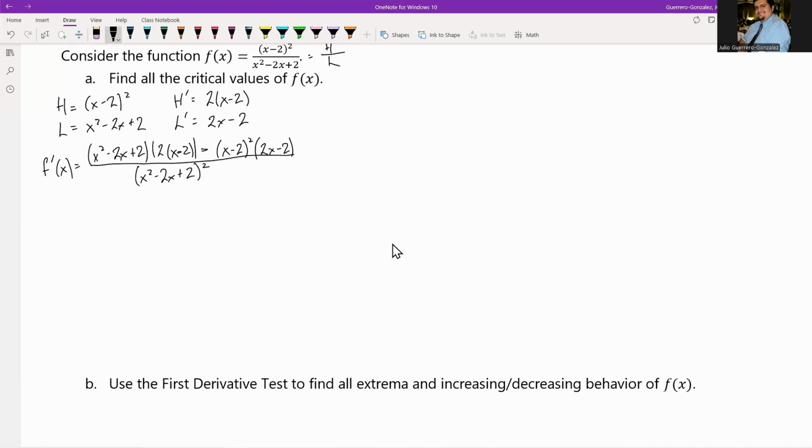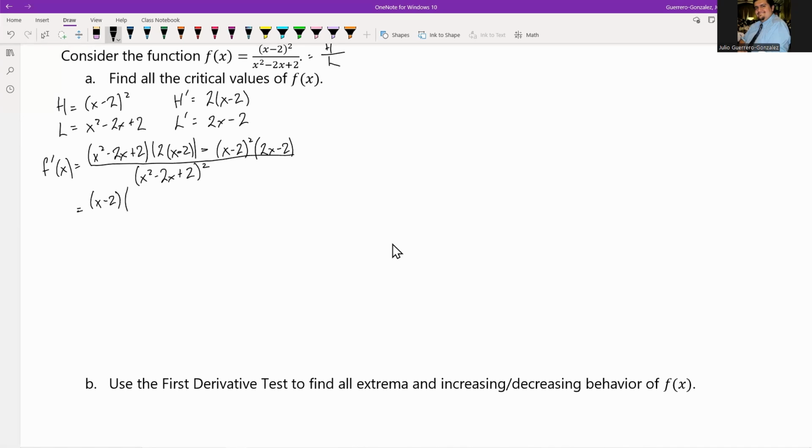Here we go. This is going to have a lot of reduction in it. If you guys notice, both of these have an x minus 2 in there. So I'm going to factor x minus 2 out.